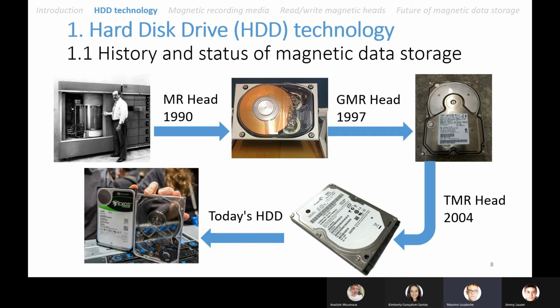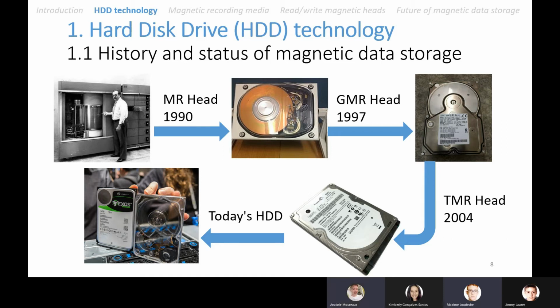We will need to wait until 1990 to see the first big breakthrough that allowed a big increase of data density. This is the discovery of the magnetoresistance effect, MR in short terms. The picture represents the first MR reading HDD.